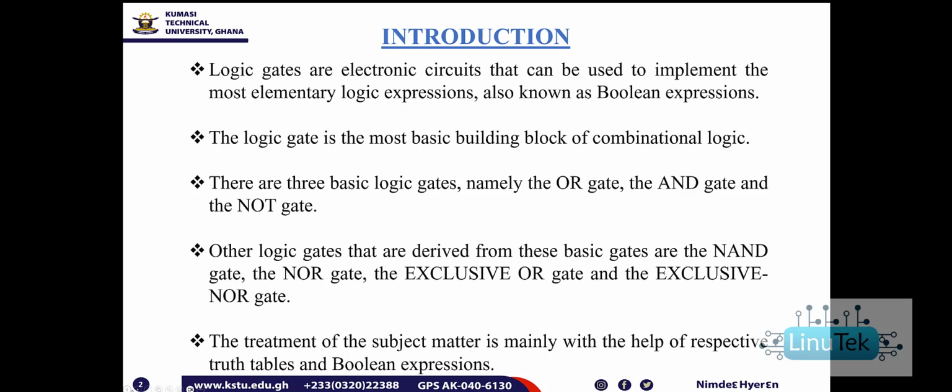Then we can also have the NOR gate, which is a combination of the NOT gate and the OR gate. Then we have the exclusive OR gate, and then we also have the exclusive NOR gate.